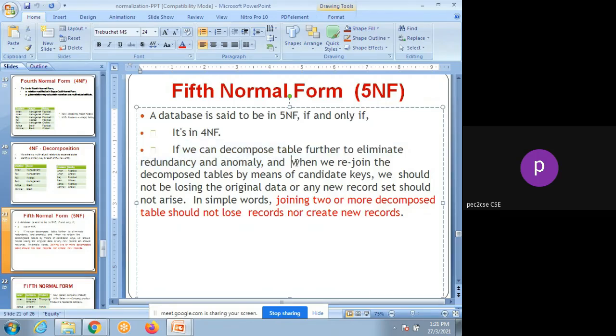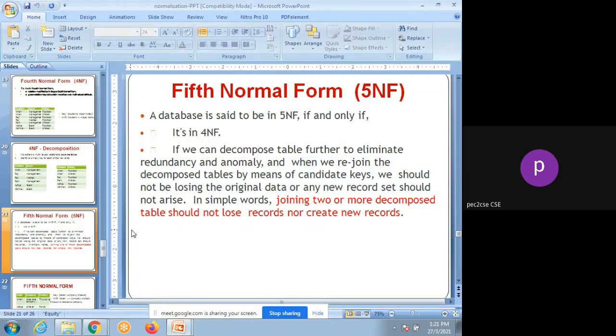And when we rejoin the decomposed tables by means of the candidate key, we should not be losing original data, as well as you should not create any new record. You should not lose any data, and you should not create your own new record. If that is the case, then we can say that the table is in the fifth normal form.